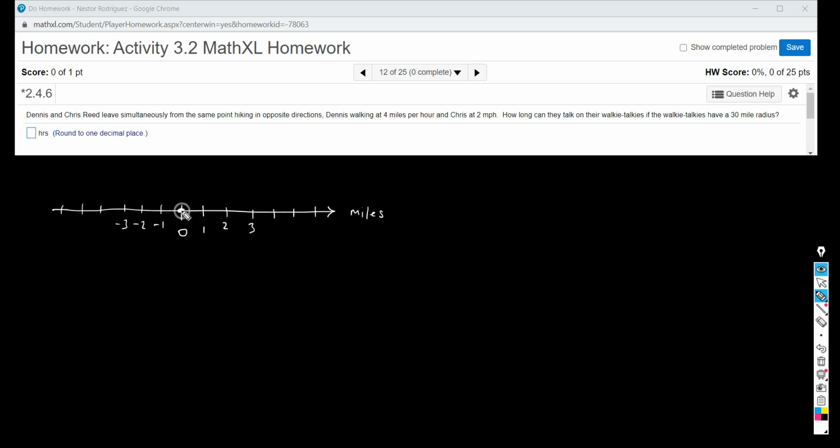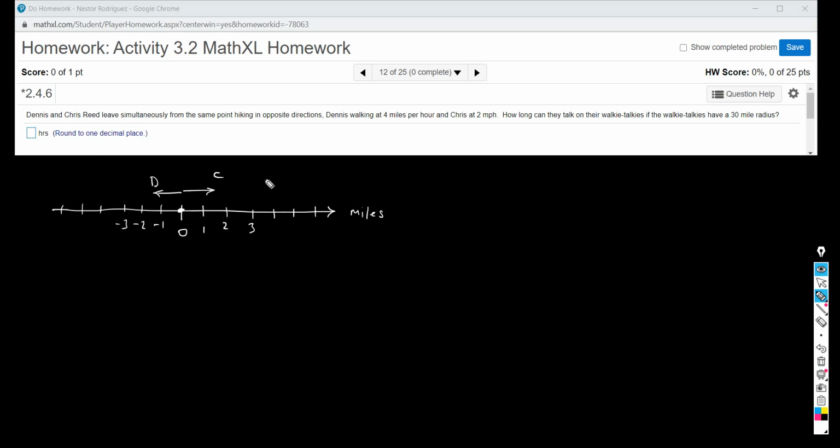Here they are, both people, Dennis and Chris, and they're going to walk in different directions. Since they don't tell me which one goes in which direction, I am completely free to decide on my own. So I'm going to decide for Dennis to move to the left and for Chris to move to the right. And that's it.